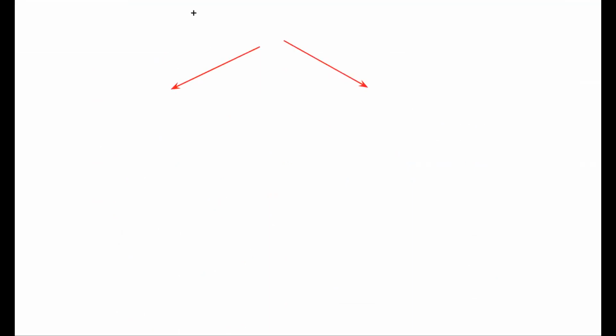The first one is called continuous or band spectrum, and the other one is known as discontinuous or line spectra.